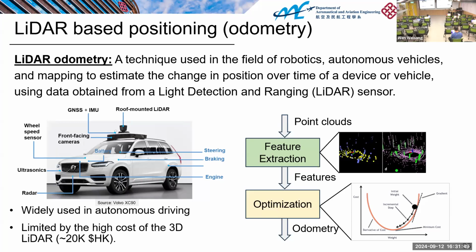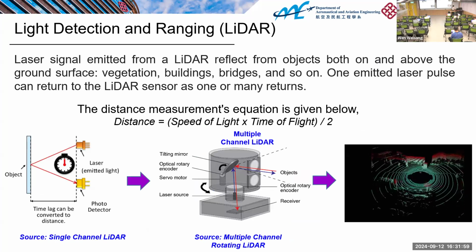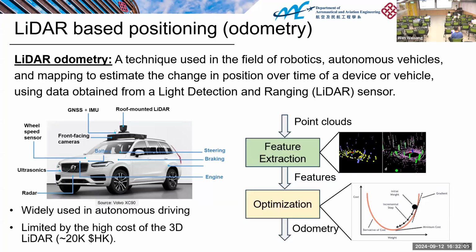The procedure of LiDAR odometry is as follows. The input is the point cloud, for example the one on the previous page. Based on this point cloud, the first step is to extract some features, because the raw point cloud has a lot of points.